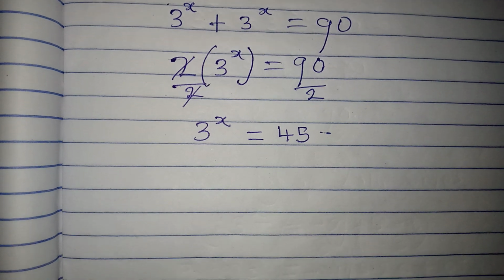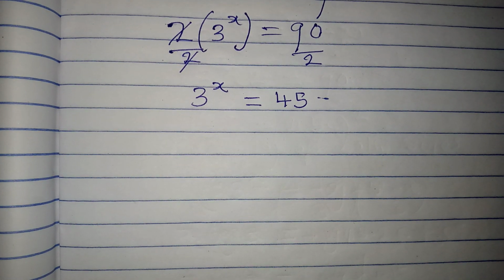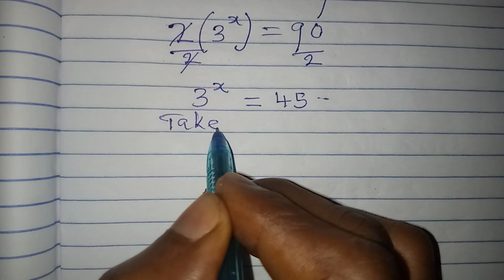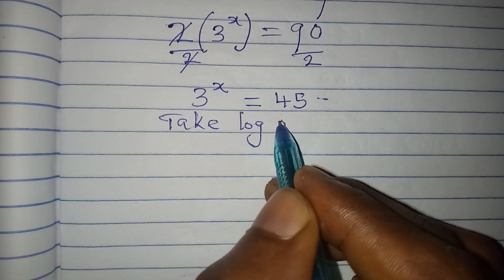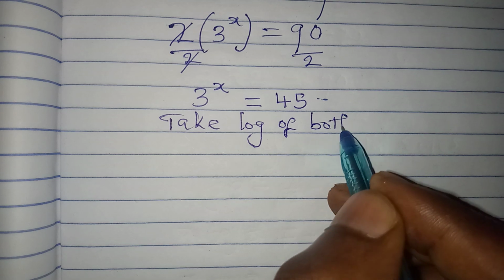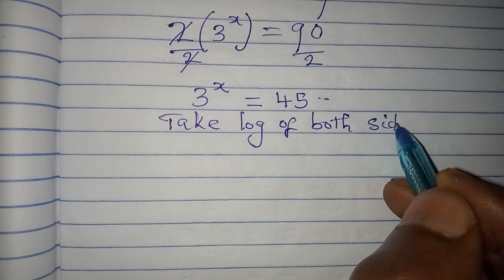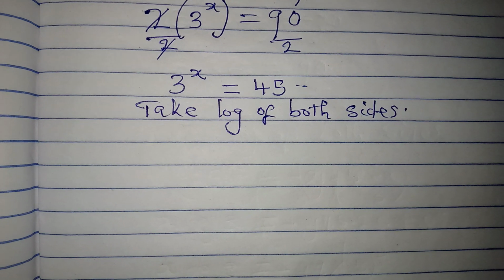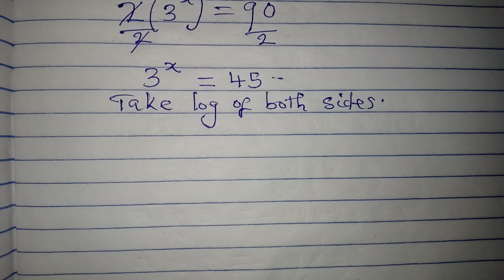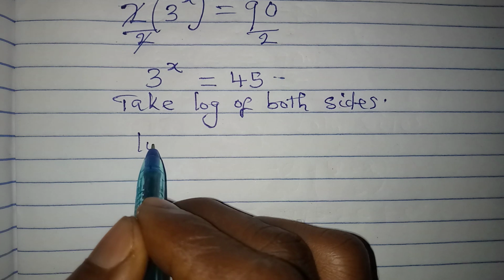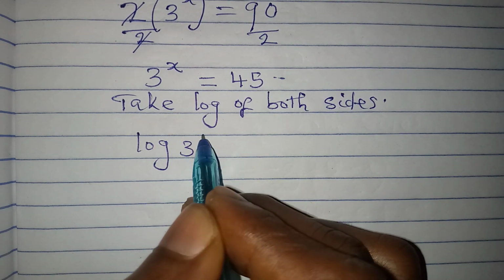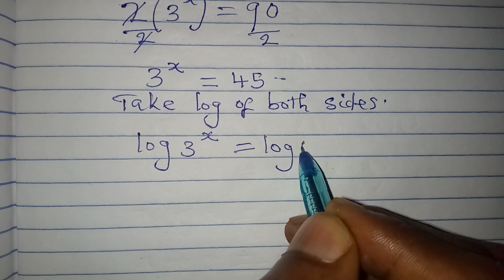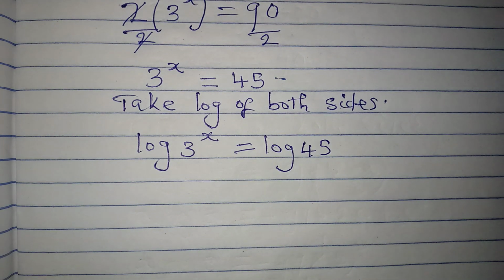And then the next thing we do is to take the log of both sides. So when we take the log of both sides, we shall have log of 3 to the power of x equal to log of 45.